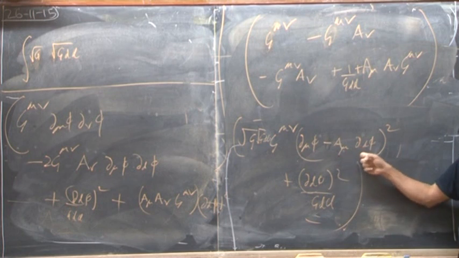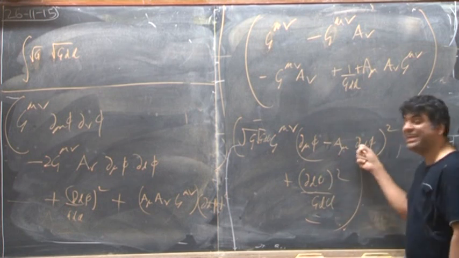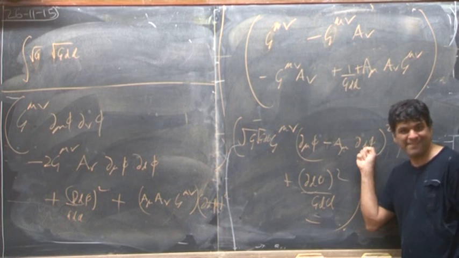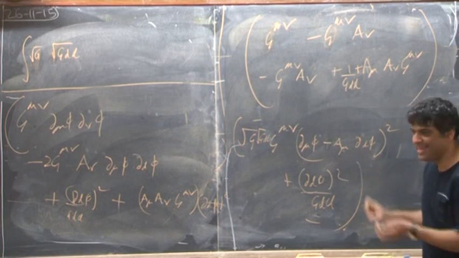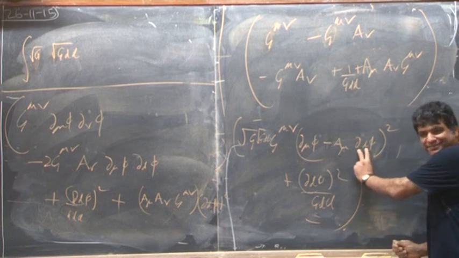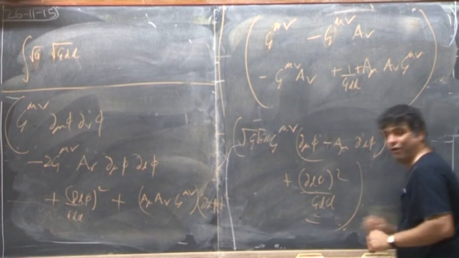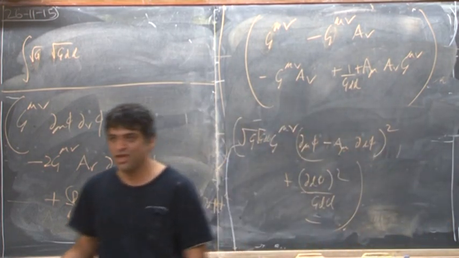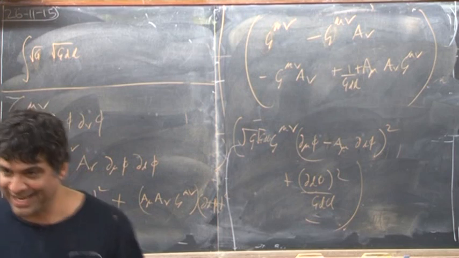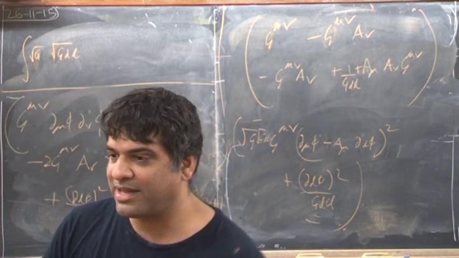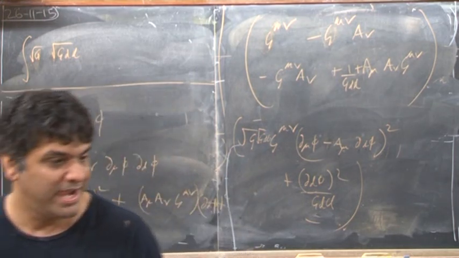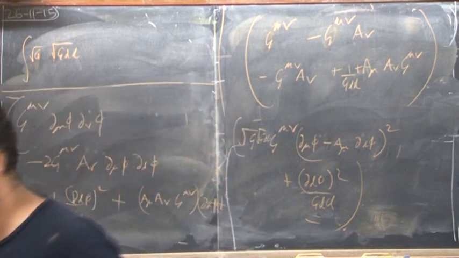So what does it tell us? It tells us that what we should identify as charge for this gauge field is the D derivative of phi. So any field phi that maintains the isometry, our background is uncharged under this gauge field.